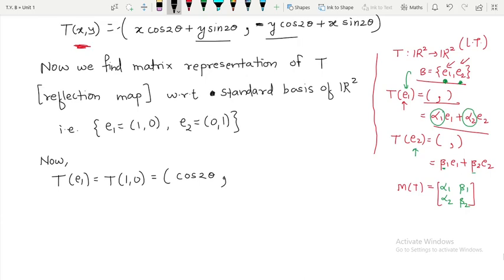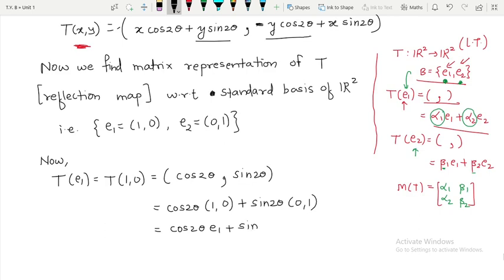Now this term will be 0 and you will get sine 2 theta, which can be further written as cos of 2 theta (1, 0) plus sine of 2 theta (0, 1), which will be equal to cos of 2 theta E1 plus sine of 2 theta E2.